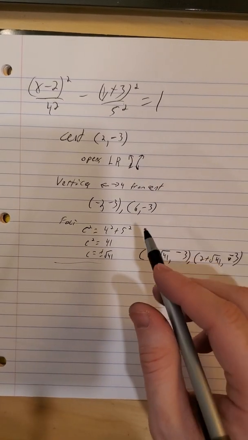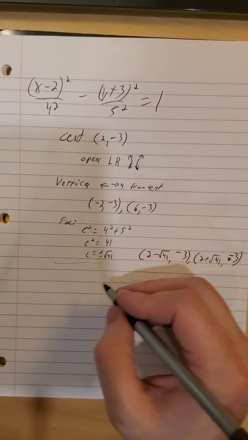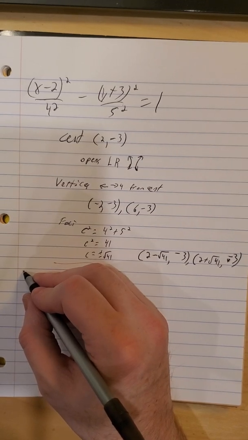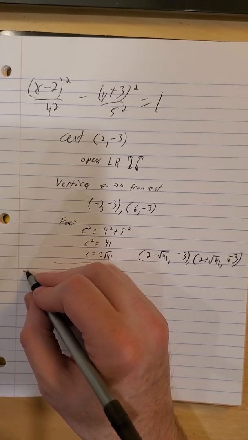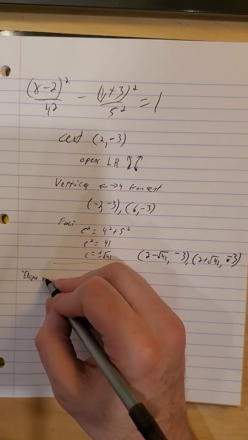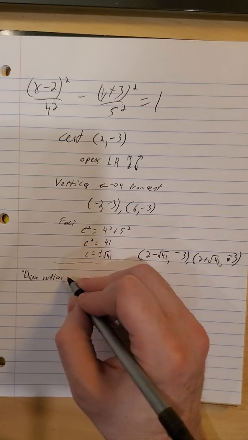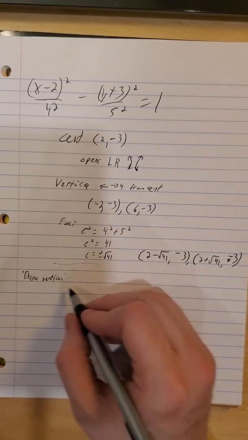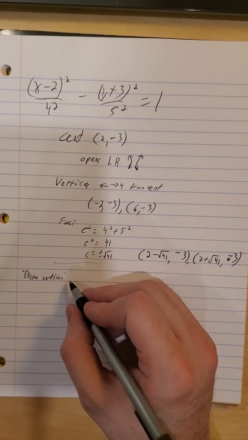So hypothetically, we would have done our other sort of, we'll think of them as the ellipse vertices that are not on the hyperbola, not an officially sanctioned term.